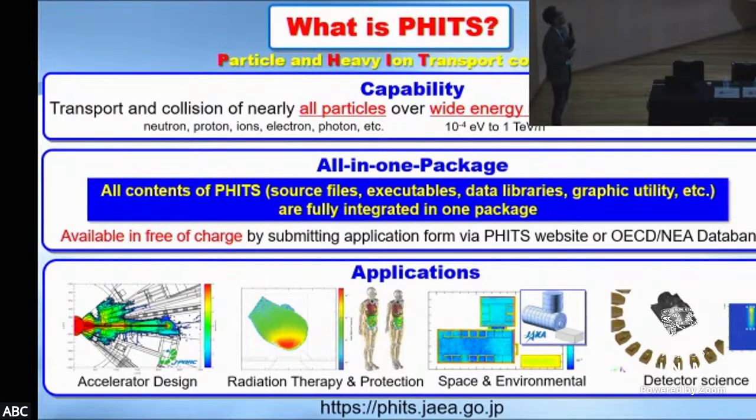That means all contents of PHITS, such as source files, executables, data libraries, and graphic utilities, are fully integrated in one package. It is available free of charge by submitting an application form via our website or the OECD NEA Data Bank. And it has been applied to accelerator design, radiation therapy and protection, and space environmental or detector sciences. If you want to know more about PHITS, please visit our website.